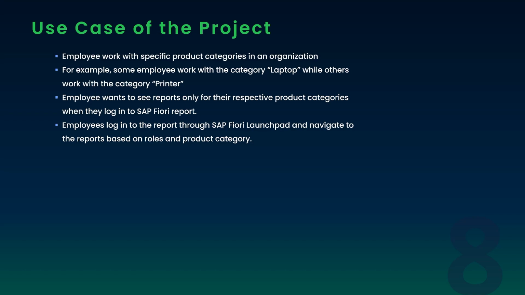So basically, users or employees need to use their reports through the Fiori Launchpad. So we have to talk about the Fiori Launchpad as well. Now let's talk about the user action, what the user will do and what output the user will get.